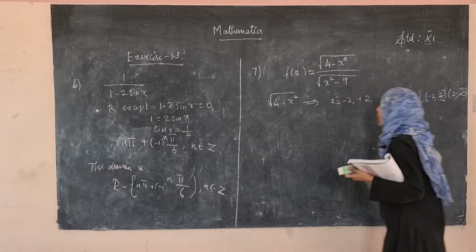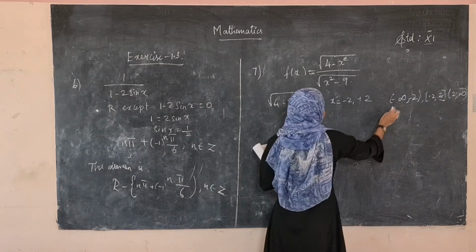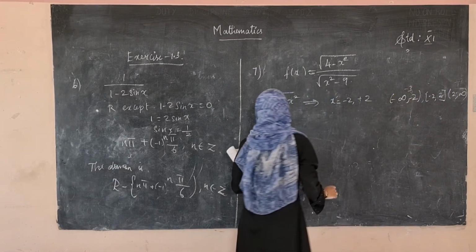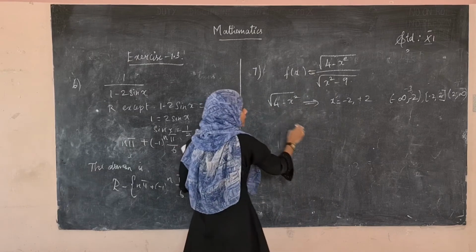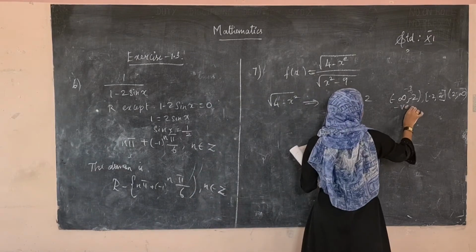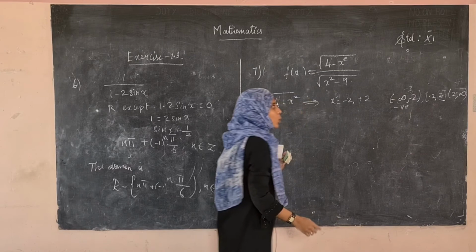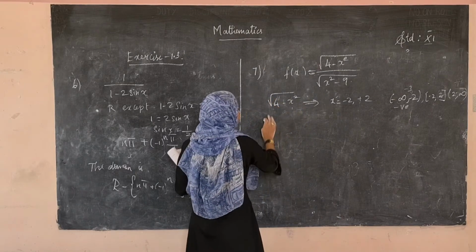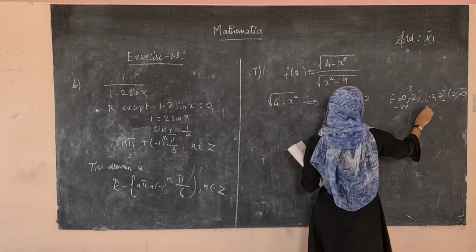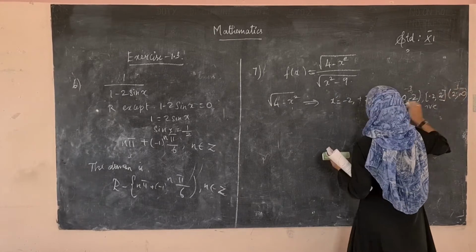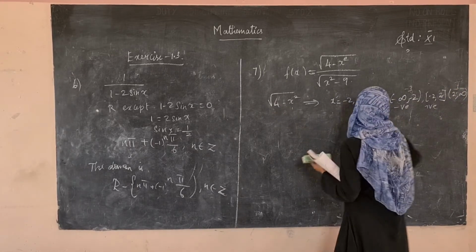Shall we take some elements from here? If we take minus 3, what happens? Minus 3 gives 4 minus 9. This becomes negative. If we take 1, that means 4 minus 1. This is positive. And for here if we take 3, 4 minus 9 becomes negative.